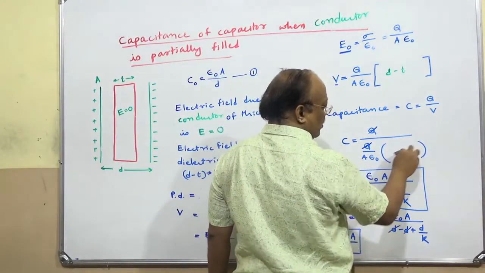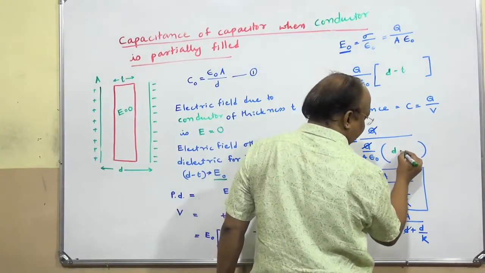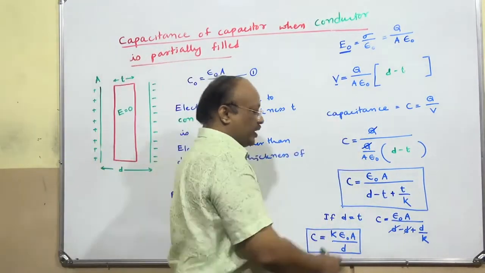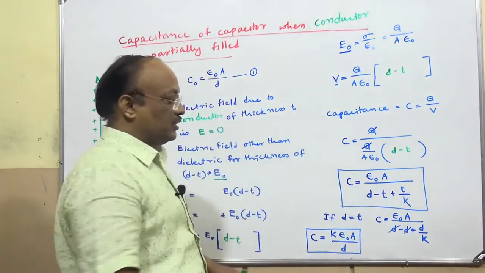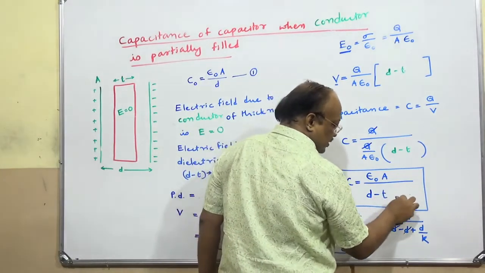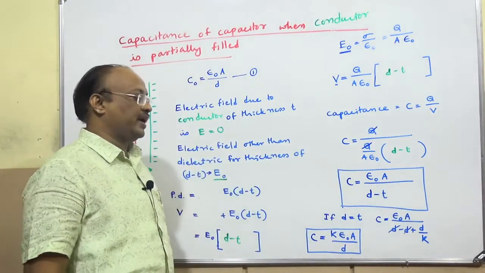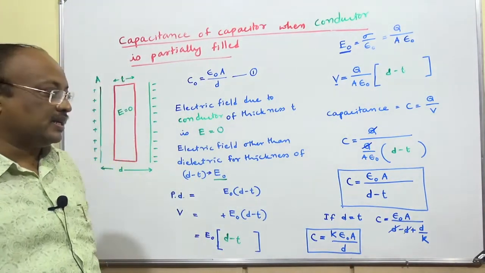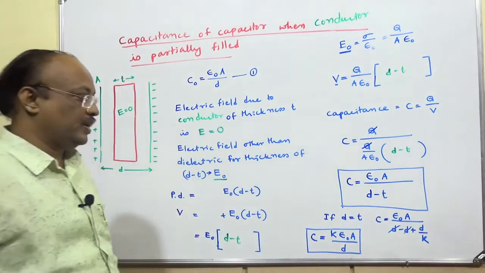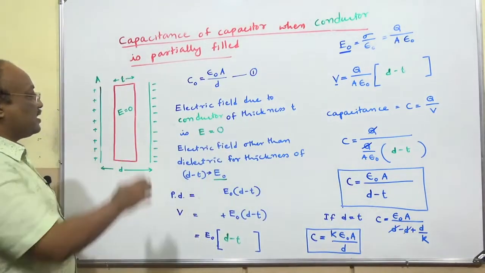We will have D minus T. Q and Q cancel. So the expression is epsilon naught A by D minus T, which is the expression for when a conductor is introduced.